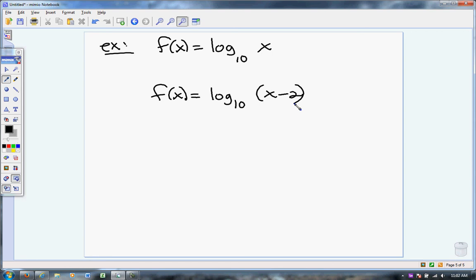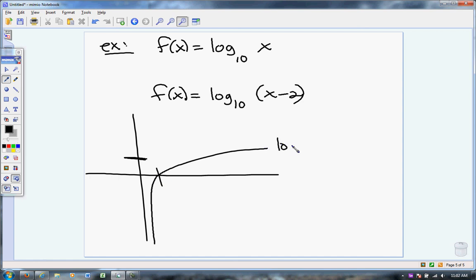And remember that we said that log functions, instead of going through 1 on the y-axis, they go through 1 on the x-axis. So here's the graph of log base 10 of x. And by the way, the natural log function does the same thing. It goes through 1.